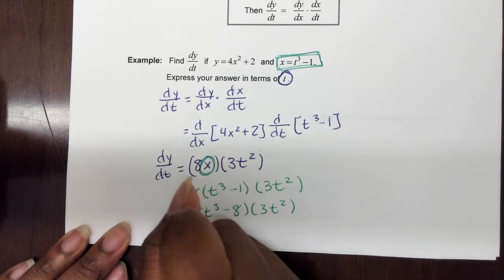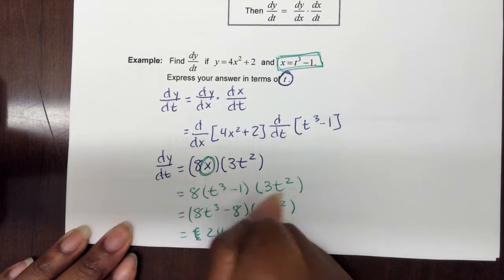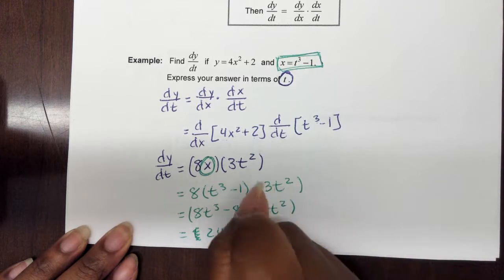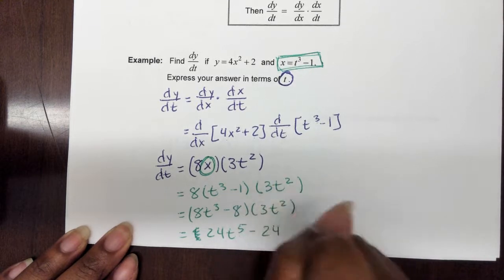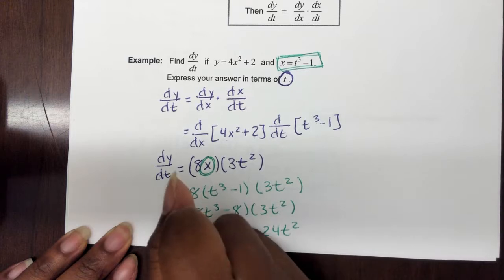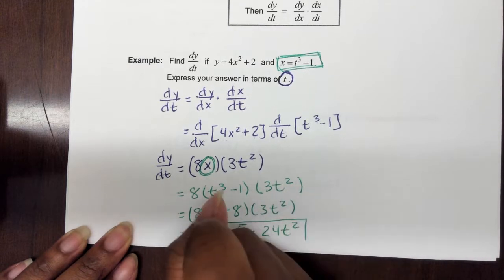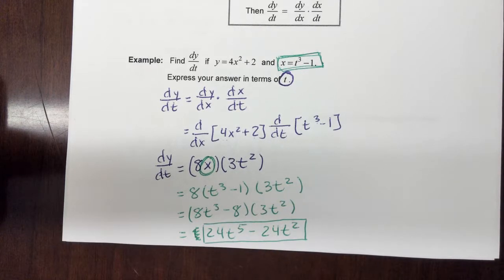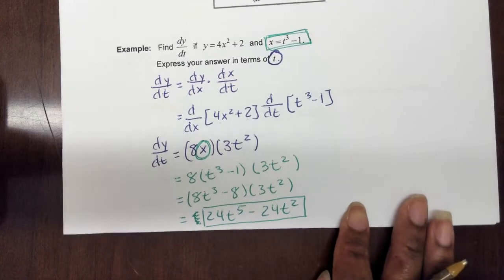So our final answer is 24t to the 5th minus 24t squared. And that would be the derivative of y in terms of t.